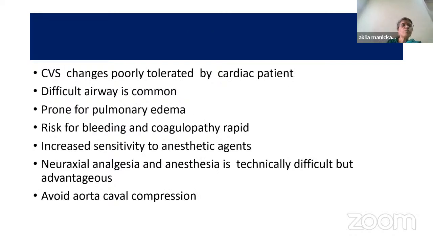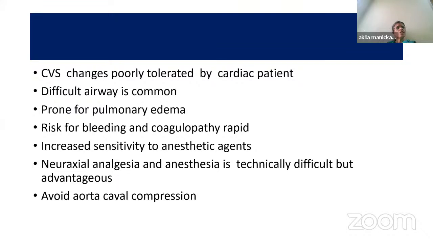So what are the take-home messages? Cardiovascular changes are the predominant changes that occur in a pregnant patient in terms of heart rate, stroke volume, and cardiac output. The systemic vascular resistance decreases and your peripheral vascular resistance decreases. So any patient who has cardiac disease is going to decompensate during the course of pregnancy, especially patients with stenotic lesions.